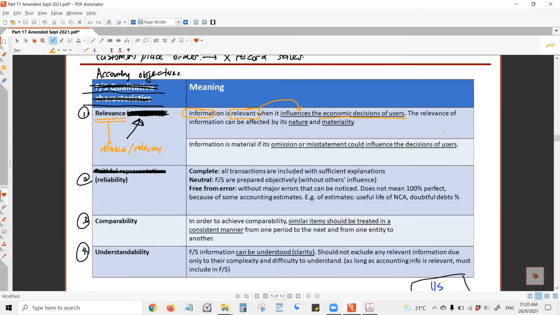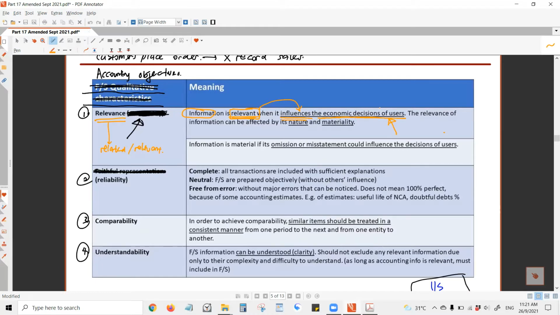Influence economic decision? There's no more explanation from any IG materials, to be honest with you. So for now you can just try to understand, or maybe you have to just memorize. Relevance means the financial statements that you present must be able to influence the economic decision of the user.